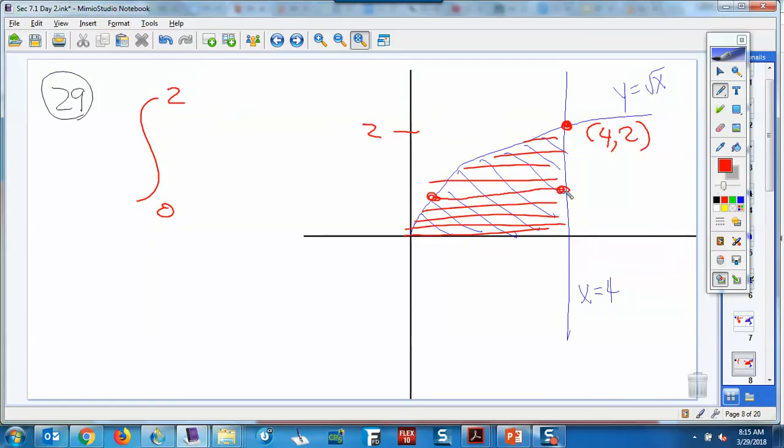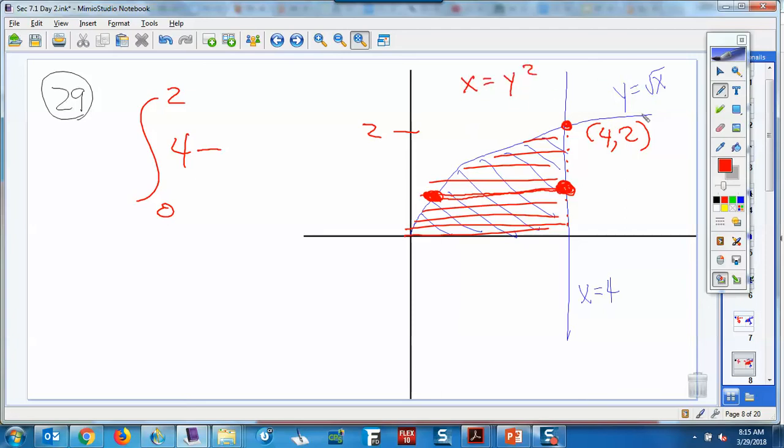All right, and then it's going to be this x value minus this x value. What is this x value over here? 4, right? Every time you put a strip on this, its x value is going to be 4 every single time. What's the x value over here? You have to take this equation, square it, solve for x, you get x equals y squared.